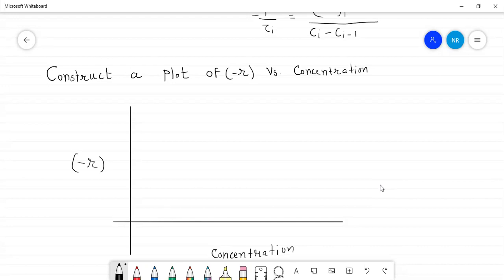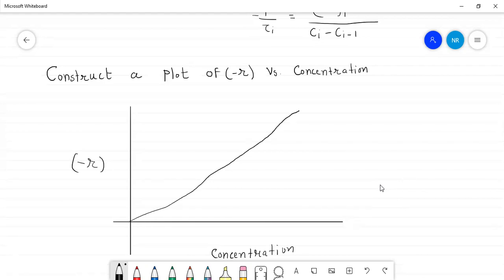Okay. So we have certain data or general curves for the systems of rate versus concentration. Generally, first, after doing some experiments, we find the data for rate versus concentration.